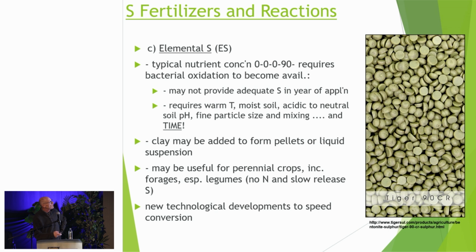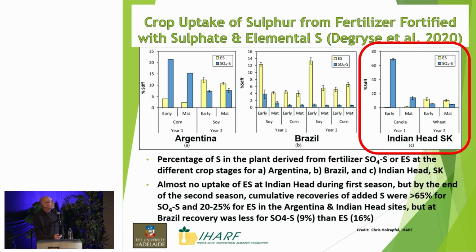Traditionally, we had forms that were high analysis, but there's been new technology developments to speed conversions and additions to other fertilizers. And just a look at one of those studies that was conducted at Indian Head by Chris Holzaffel and team, and looks at some of these products that are mixtures of elemental sulfur or sulfate, and looking at the countries of Argentina, Brazil, and Saskatchewan.